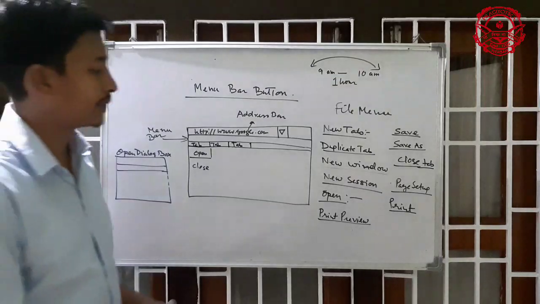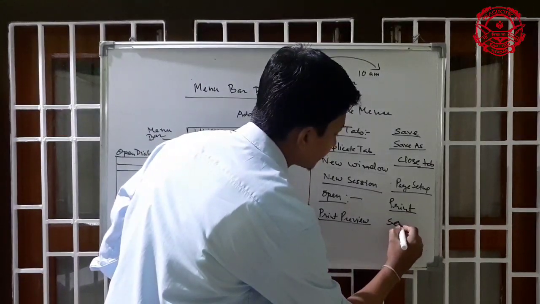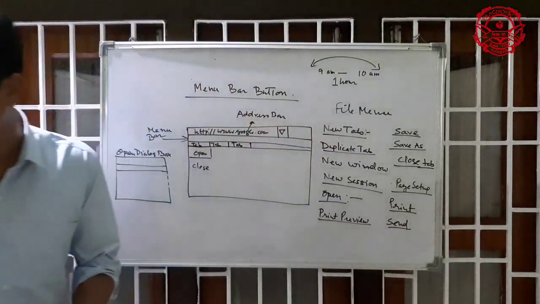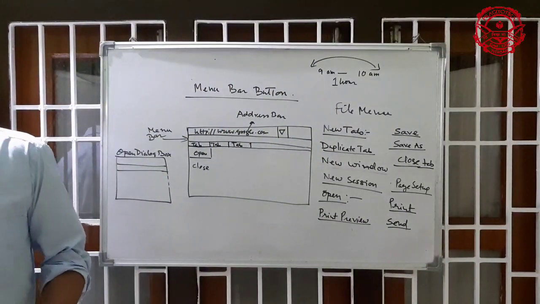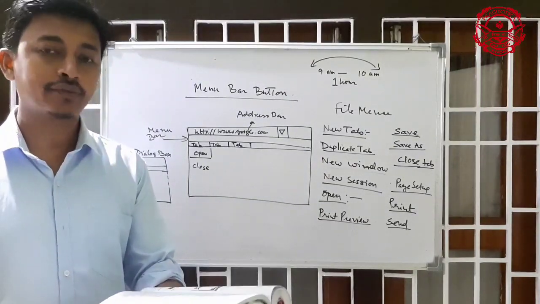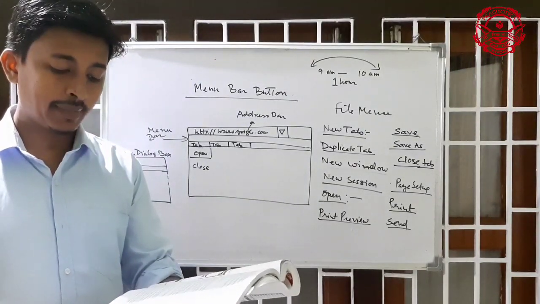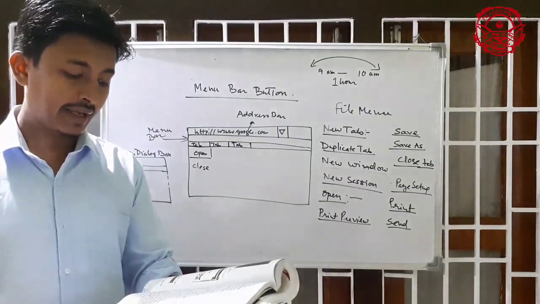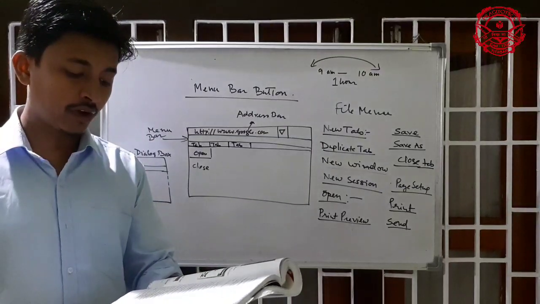Next is the send option. Send means, you can see here in the book, it sends the current page as a mail to another user on the network, links it by email, or creates a shortcut of the document on the desktop.